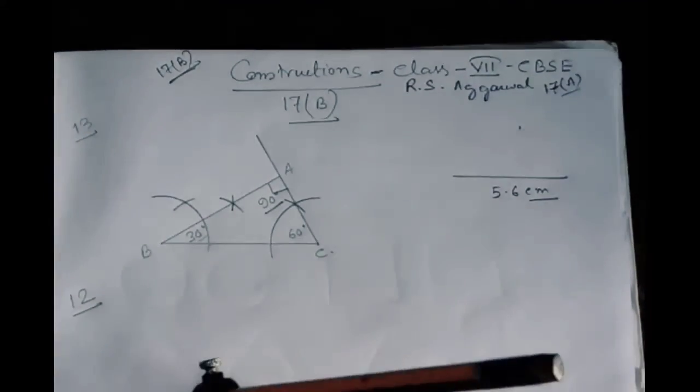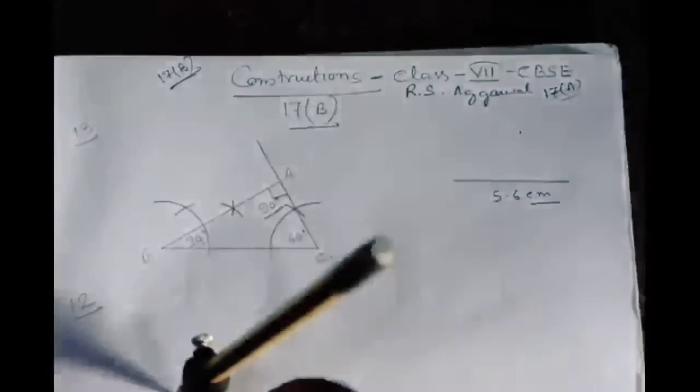Next, since it's a right angle triangle, we have to draw 90 degree right angle over here.